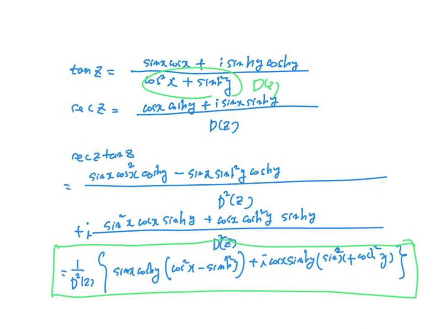Let's compare with this. Therefore, you can say the derivative of secant z is tangent z secant z.